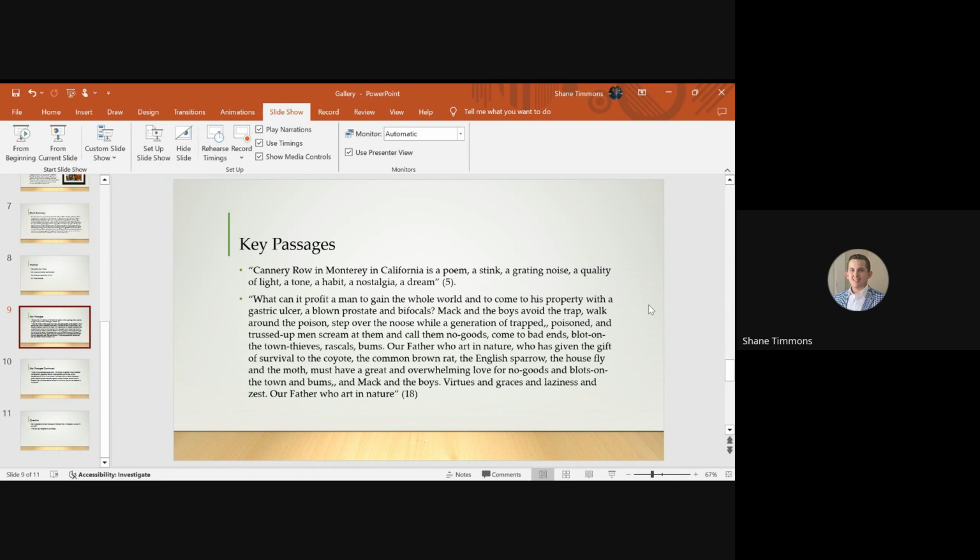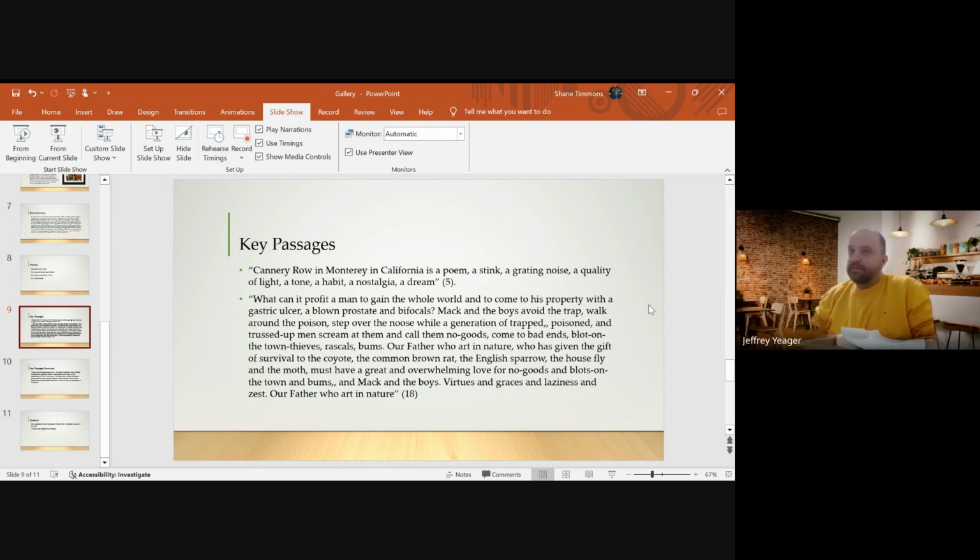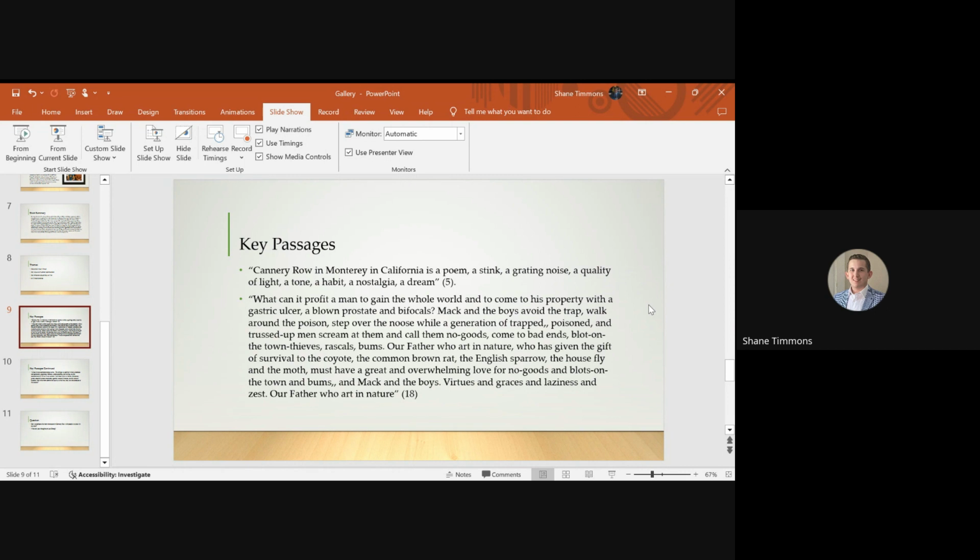Because here he is comparing these people to animals, comparing them to the gift of survival, in the coyote and the brown rat, the sparrow, the housefly.